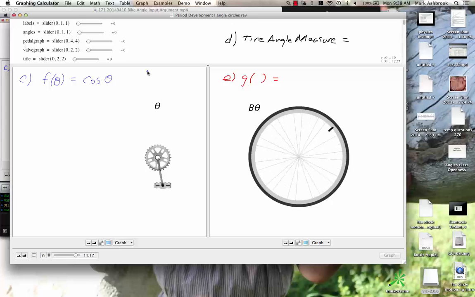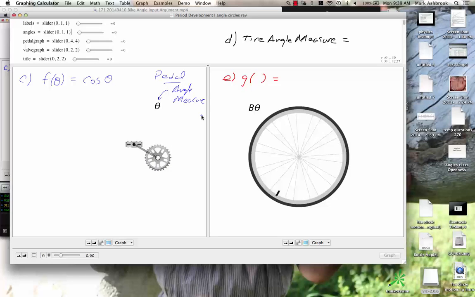Okay, so theta then is the angle measure, it's the pedal angle measure. That's the key. Okay, so theta is the pedal angle measure. Now they want the tire angle measure in terms of the pedal angle measure.